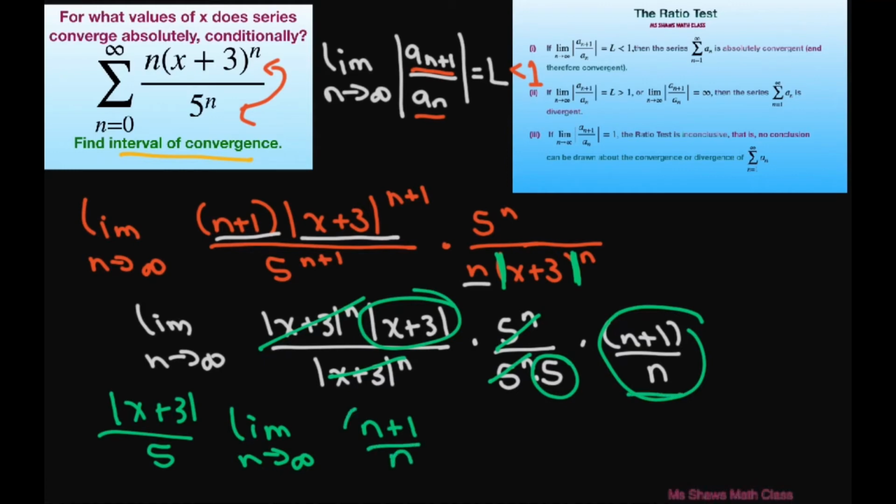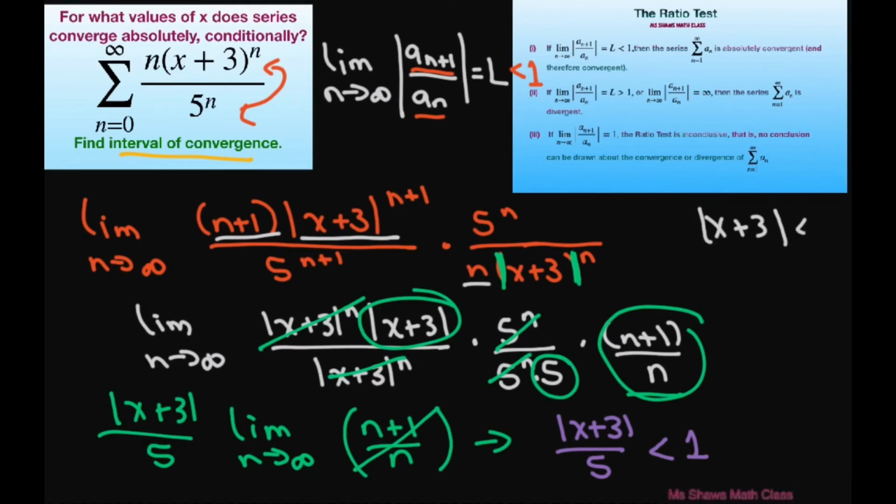Now this is just going to equal 1. So what we get is absolute value of x plus 3 divided by 5 is going to have to be less than 1, which means absolute value of x plus 3 is less than 5 when you cross multiply.